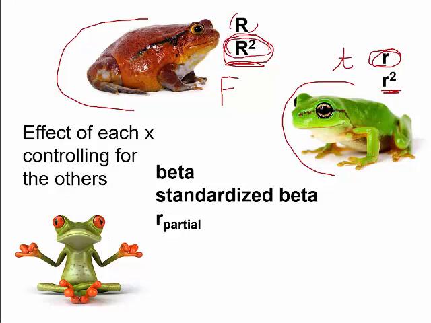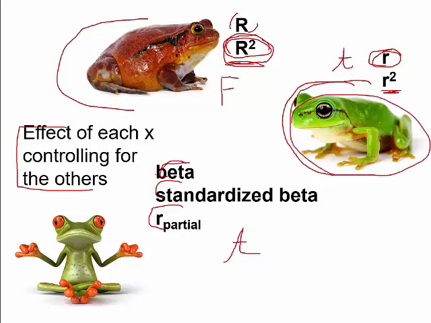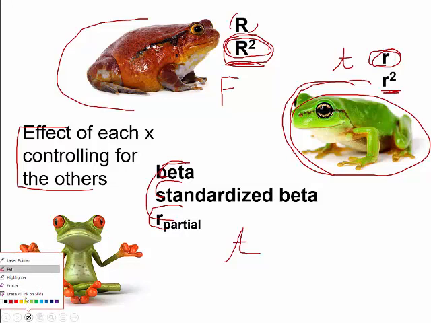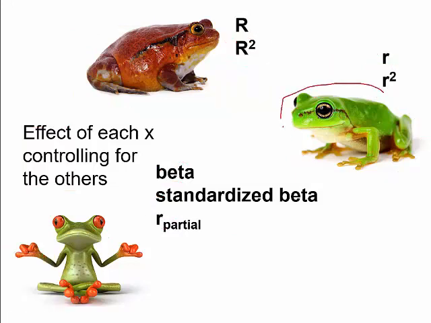And then we were looking at what's the effect of each x variable controlling for the others. We saw that we can use a beta, a standardized beta, or a partial correlation, and we test the significance of that with a t-test. Again, and note, I've talked before about the difference between focused and omnibus questions. Note that both the simple bivariate correlation and the beta is a focused question. You're looking, in the first case, at what is the effect of each variable on an outcome ignoring the others?